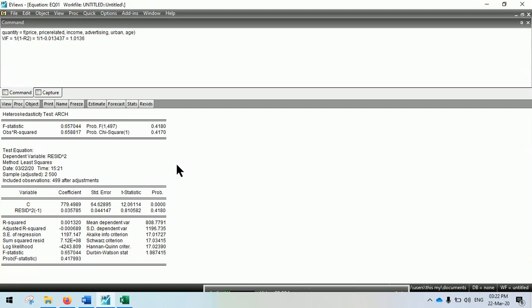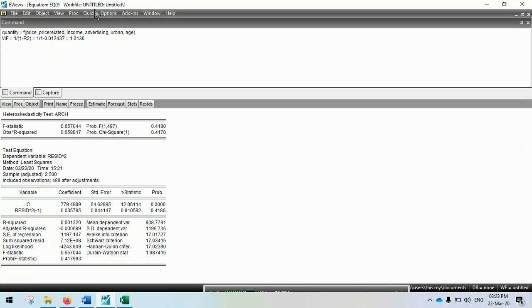So in that case, I don't have a problem of hetero. But let's say if we have the problem of hetero, we assume that P is equal to 0.03, which is less than 0.05. So in that case, I am going to apply a remedy for it.